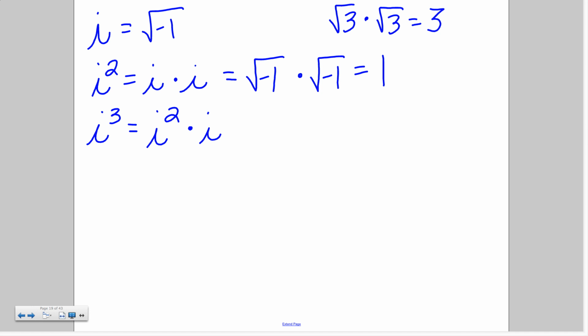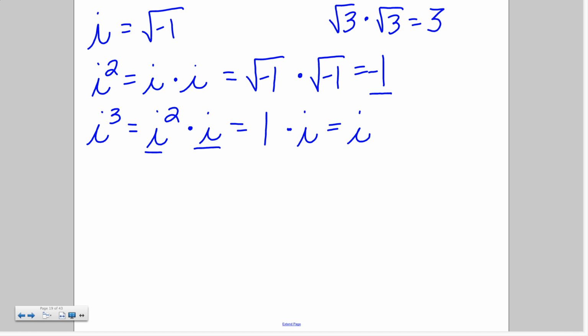Well, we just figured out that i squared is negative 1. So negative 1 times i would give me negative i.